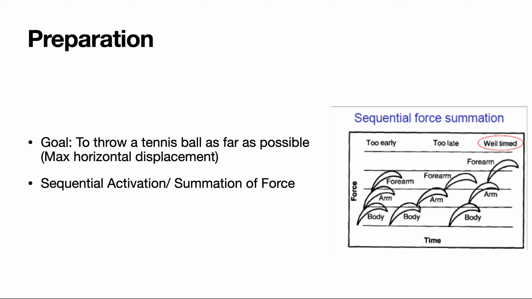The most optimal solution is to activate each body part at the other's peak. So your body force generates a peak here, then you activate your arm here. And then you activate your forearm at the peak force from your arm. So not just the sequence, but also the timing.